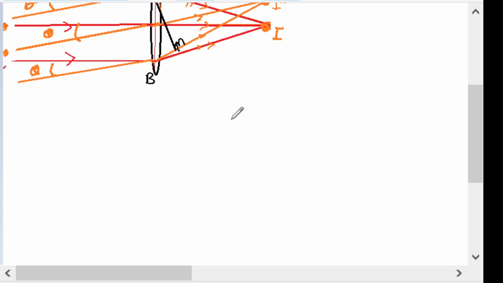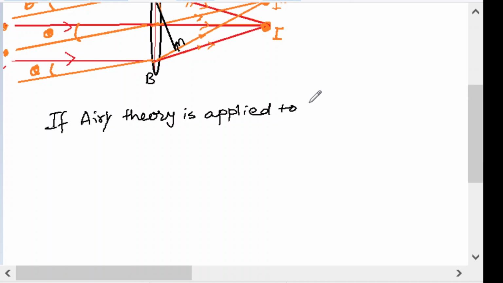Okay, now if Airy's theory is applied to Fraunhofer's diffraction pattern.